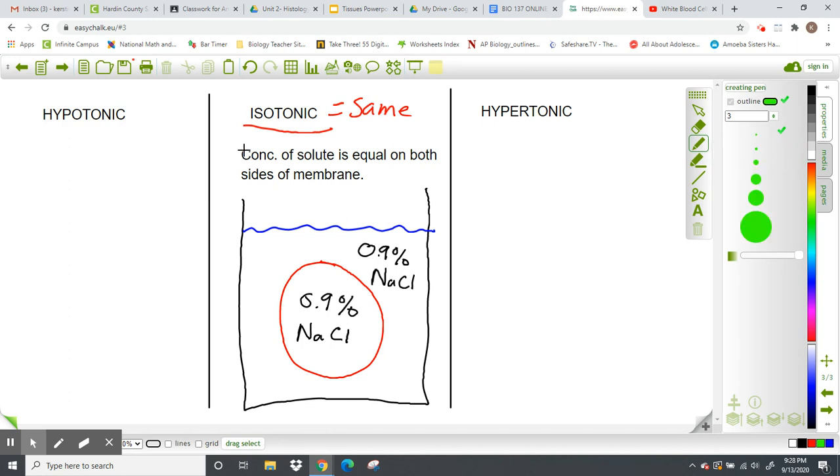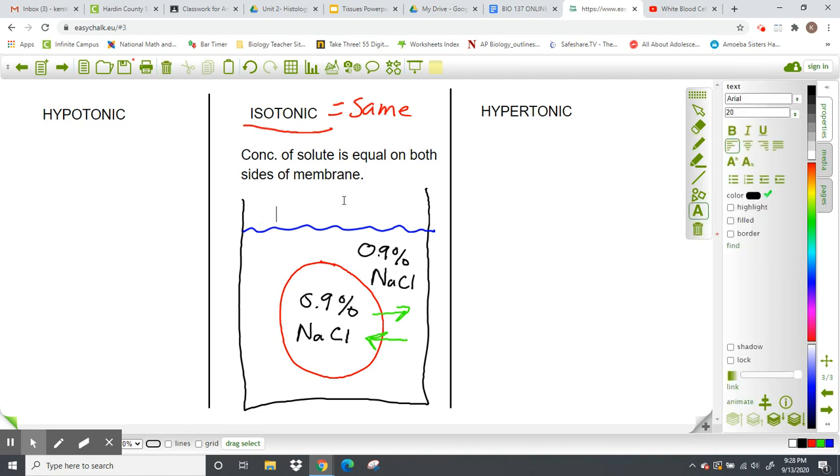There's always going to be water moving, but what this means is that the amount of water moving out of the cell is going to equal the water moving into the cell, okay? So the size of the cell is not going to change at all, okay? So the red blood cell in this particular solution, so RBC is red blood cell, will stay the same, okay? It's not going to change size, not going to change volume, okay? That is isotonic, it means the same.